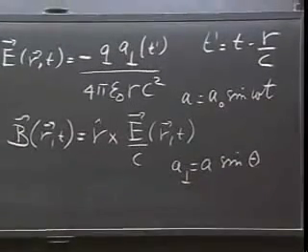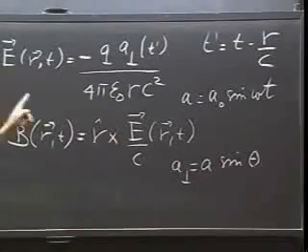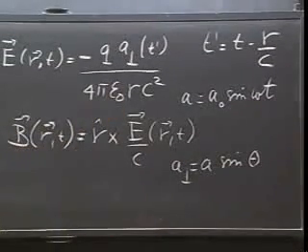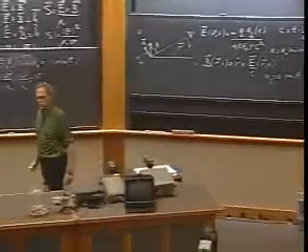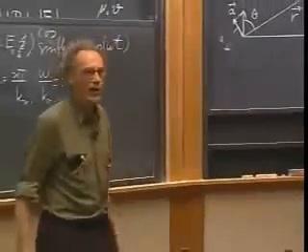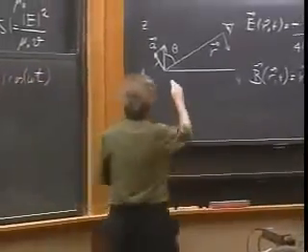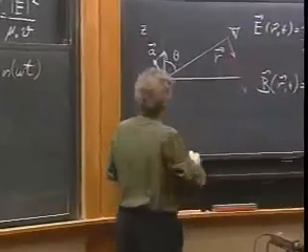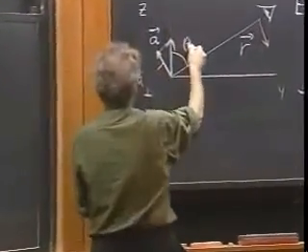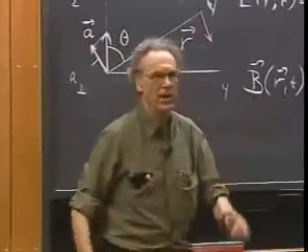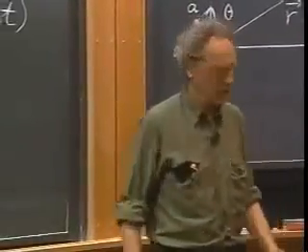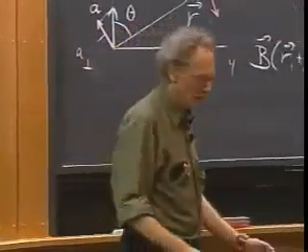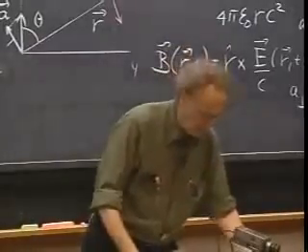And so you see that the magnitude of the E vector that you will see when you look at that charge will depend on where you are in space. If you happen to be at theta 90 degrees, you will see the maximum E possible. If you happen to be in this direction where theta is 0, you won't see any electric field. And so there's a very strong dependence of the magnitude of the E vector on the direction.